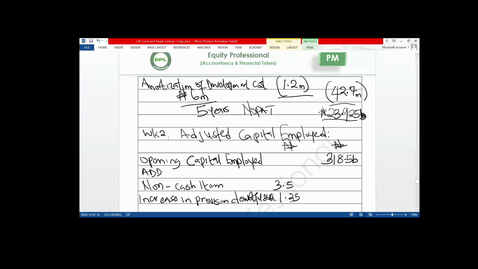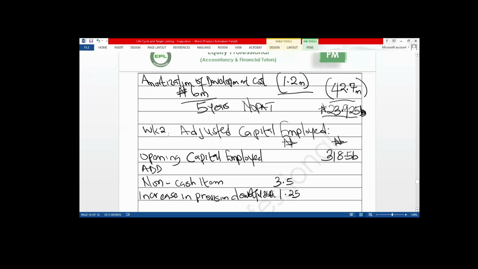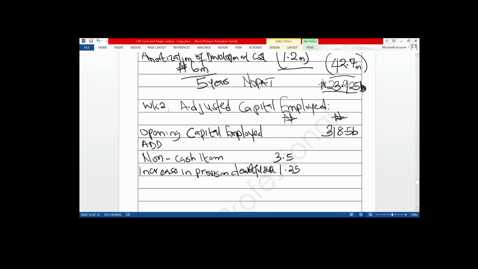These are the two items based on this question. These are the two items to be added back. That will give me 4.75. In this question, there is no decrease in provision.